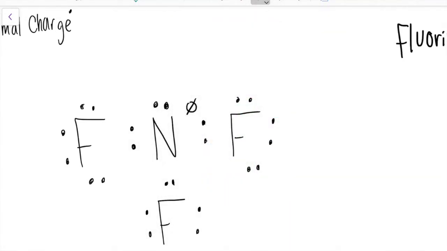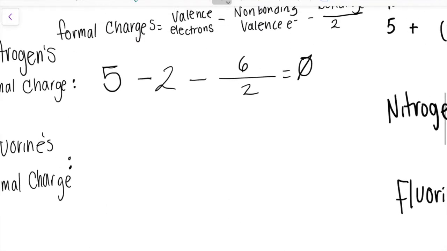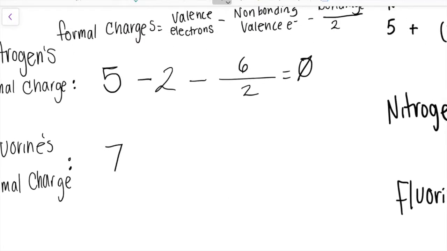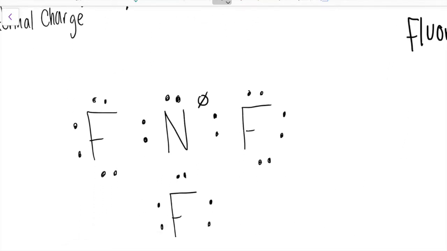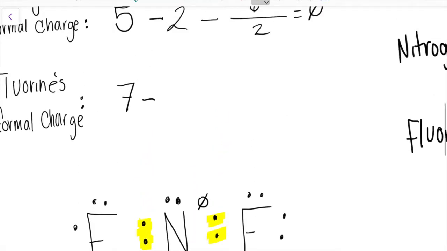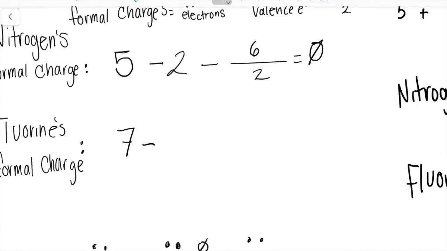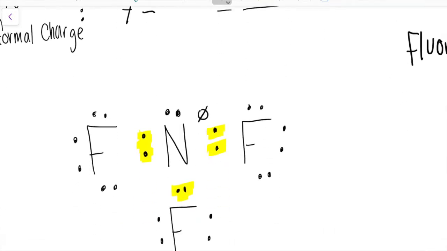Fluorine will do the same thing where we start with how many valence electrons they have. Fluorine has 7, as we've said before, so you're then going to subtract the non-bonding valence electrons. How many bonding valence electrons do we have here? We have 2 bonding valence electrons on all the fluorines, of course, but we're just calculating it for 1. We'll put that over here where the bonding ones will go.